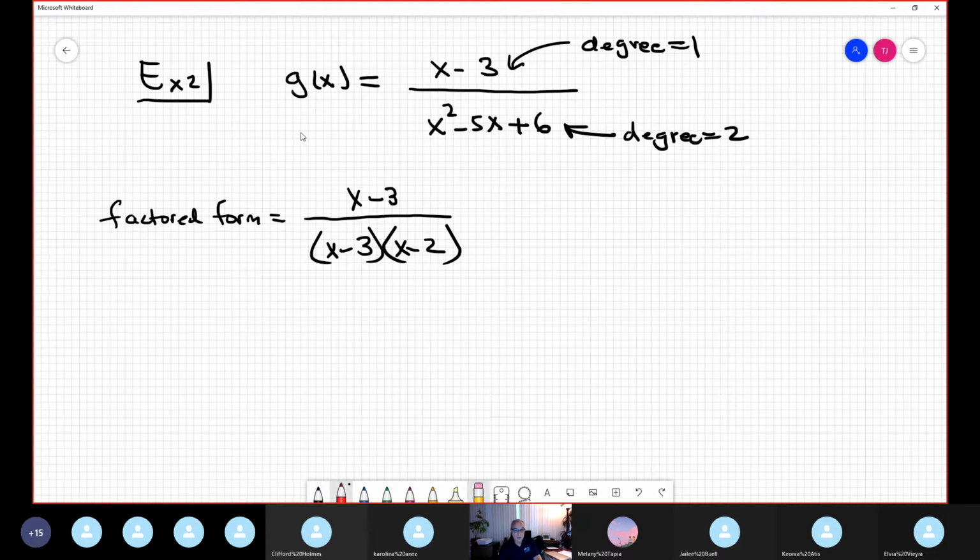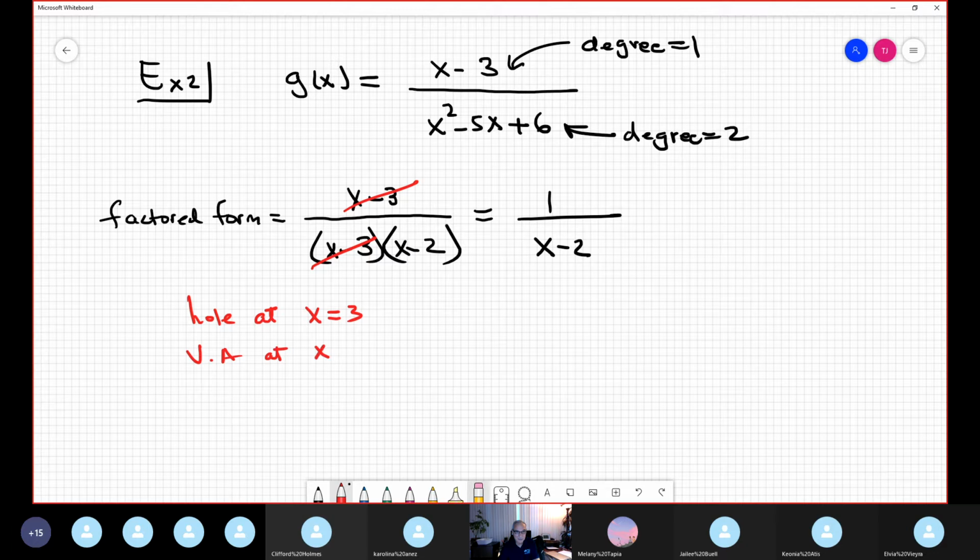One factor is cancelled out. My factored form in lowest terms looks like 1 over x minus 2. So what is the conclusion? When one factor is cancelled out, it's gone, and we have a hole. So we have a hole at x equal 3. And we have a vertical asymptote at x equal 2.